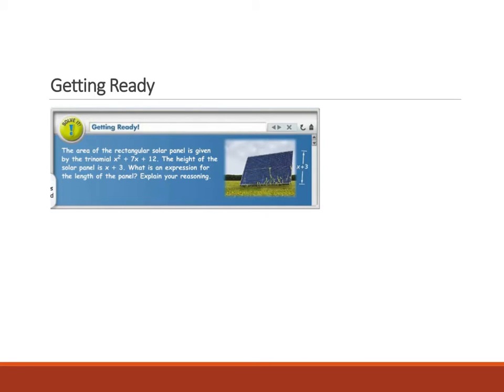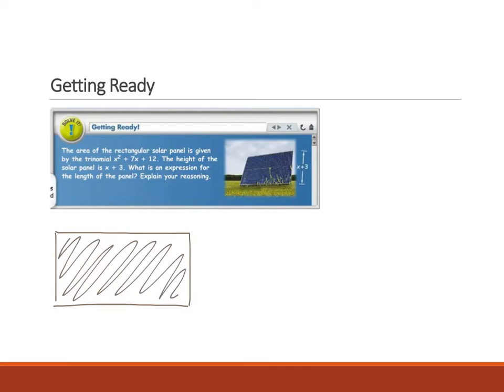Let's try this problem just to illustrate how we could use these ideas being put forth in this lesson. The area of a rectangular solar panel is given by the trinomial x squared plus 7x plus 12. So consider the problem. We have a rectangular solar panel, and we are told that the area is given by a polynomial x squared plus 7x plus 12.